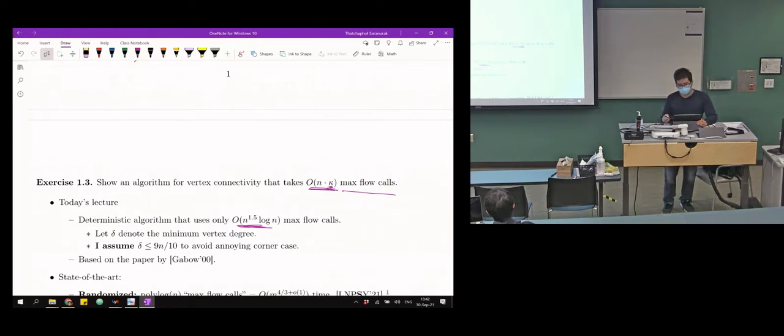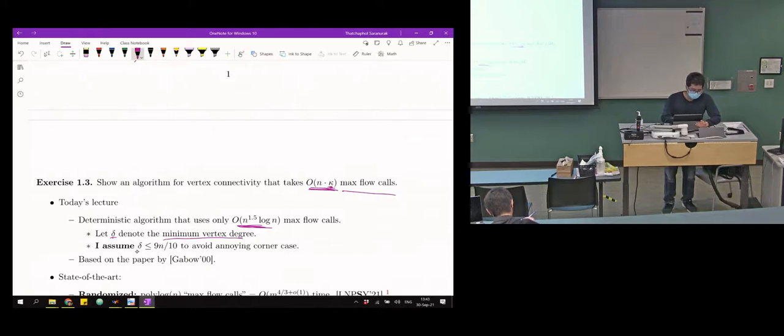But there is one caveat: I will assume that the graph is not too extreme. Let delta denote the minimum vertex degree in the graph.